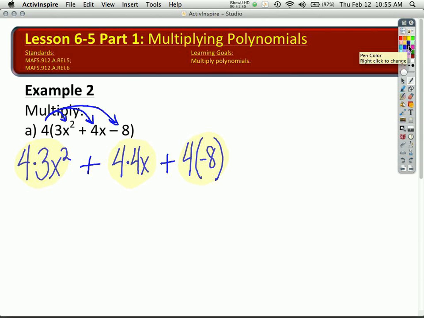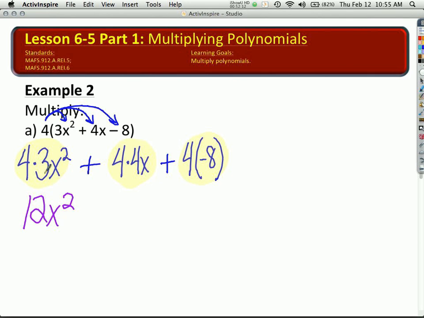What do we get as a result of that? See, confidence kind of went out the door. Now we're not sure. Milan? 12x to the second. 12x squared, of course. 4 times 3, x squared. What about 4 times 4x? What do we get as a result of that? Deja? 16x. And what about 4 times negative 8?